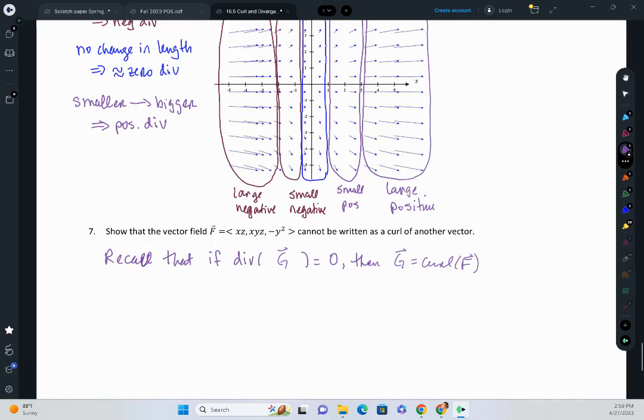We found that the divergence of a curl vector is 0, and then there was a statement right after that said on the flip side, if the divergence is 0, then you were working with a curl vector, okay?